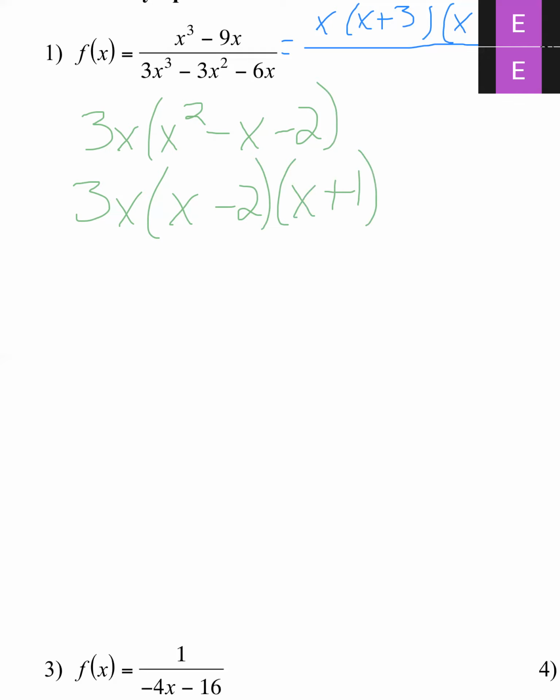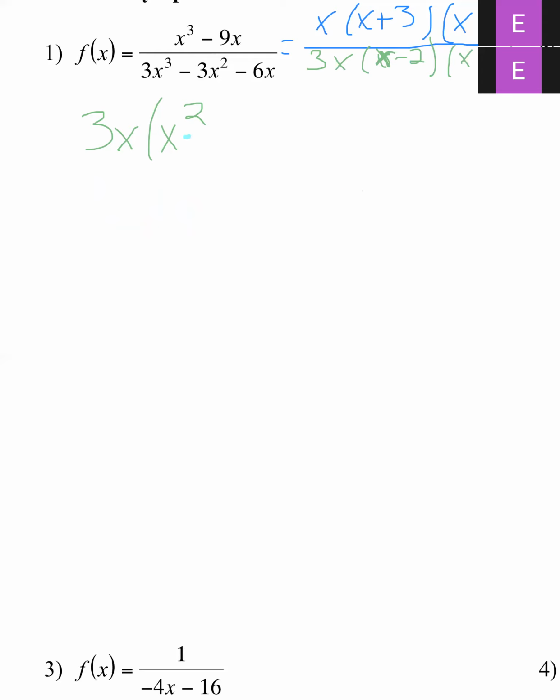Yep, looks good to me. So I'm going to put all of that back in here: 3x times x minus 2 times x plus 1. Now I'm going to erase this side work. I don't need that anymore.